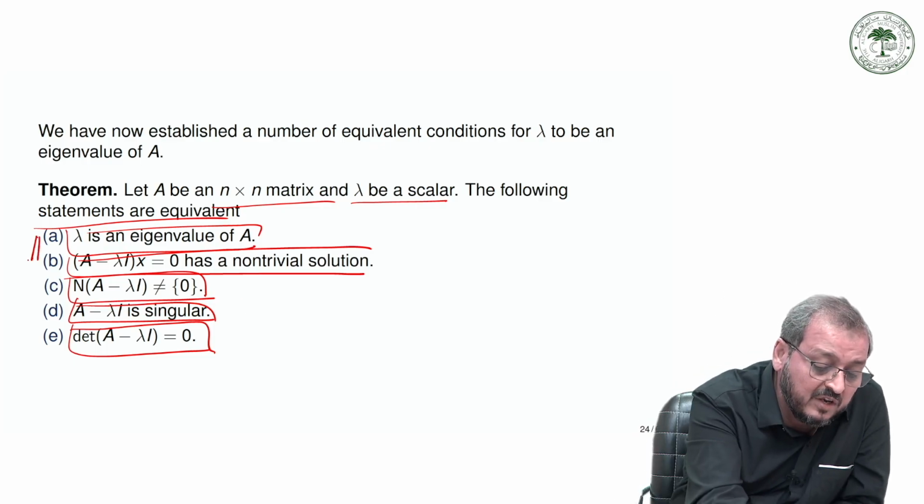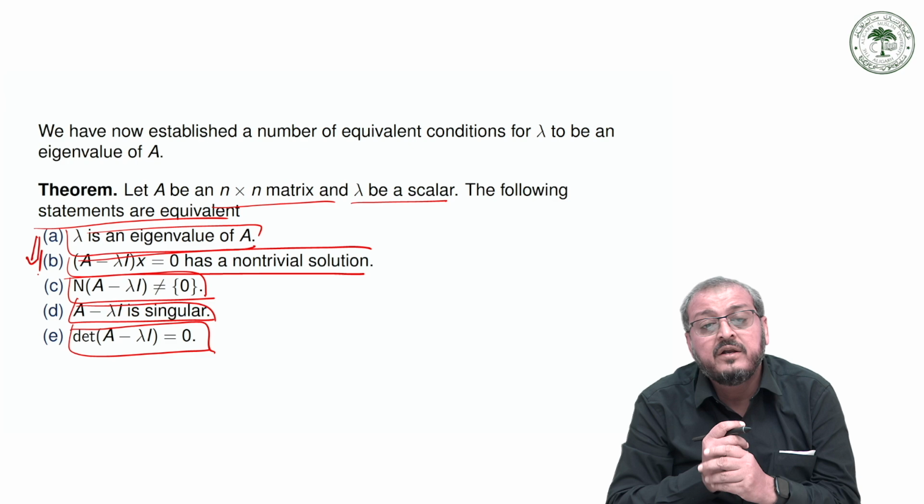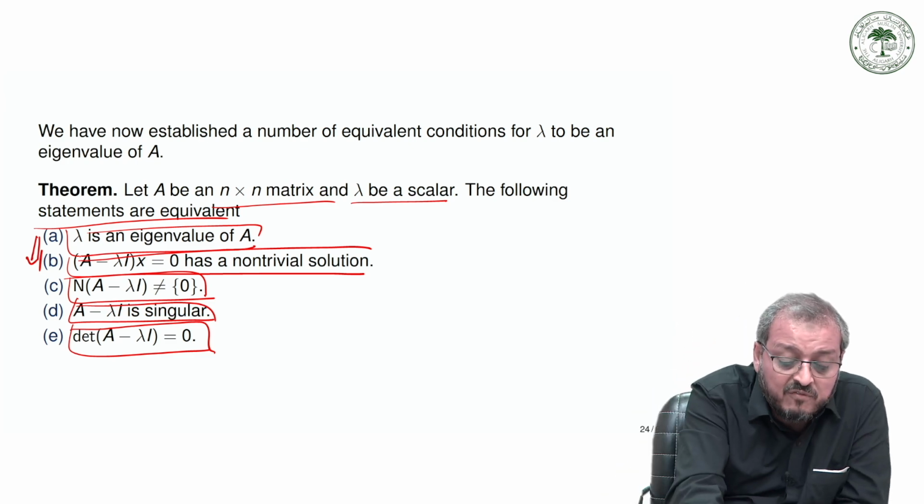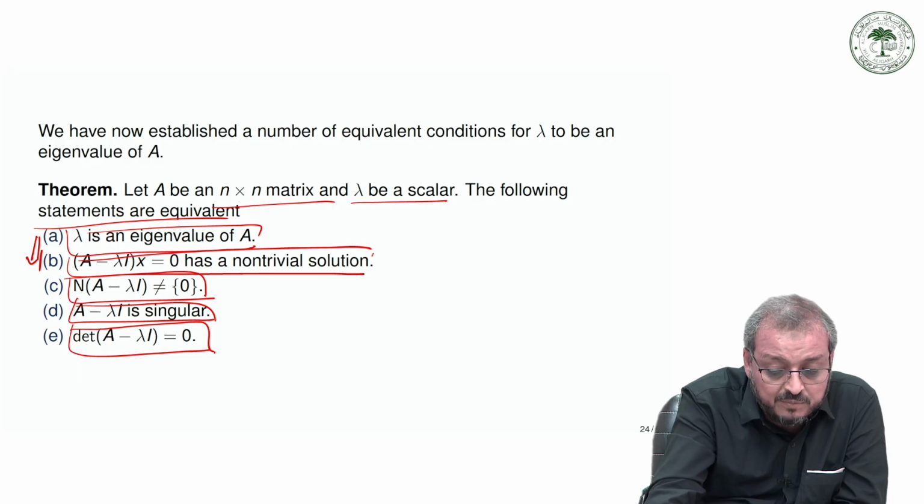The proof is very trivial, so I am not interested in proving it in detail. If lambda is an eigenvalue of A, then clearly A minus lambda I has a non-trivial solution by the definition.